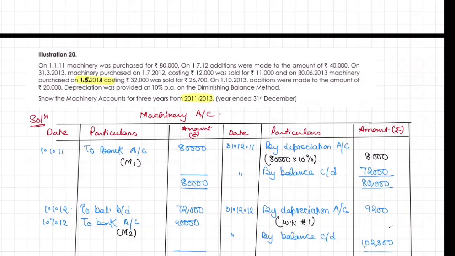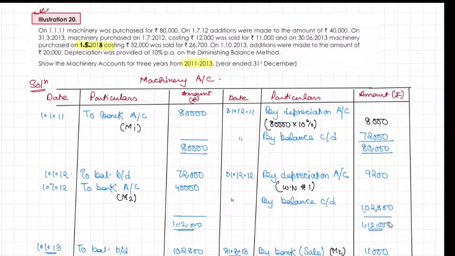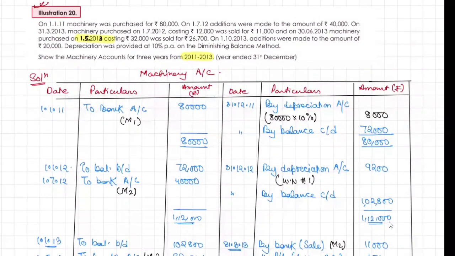This is the only illustration, illustration 20, which you will find a bit different. After that, whatever illustrations are there in the book are very simple to solve. Once we do AS10, I promise I'll come back to this illustration 20 and explain what they have actually done in the book and why they have done it.